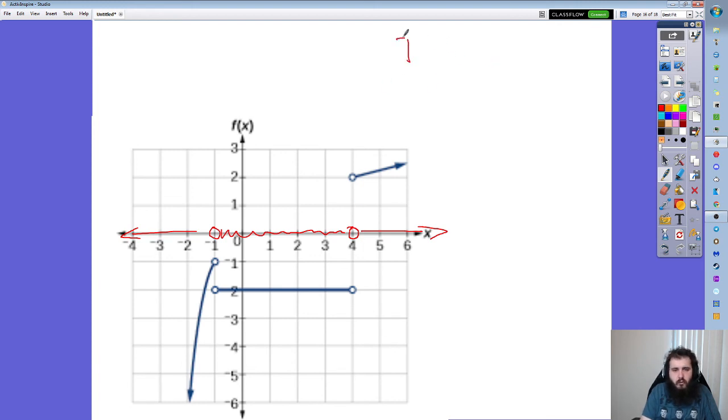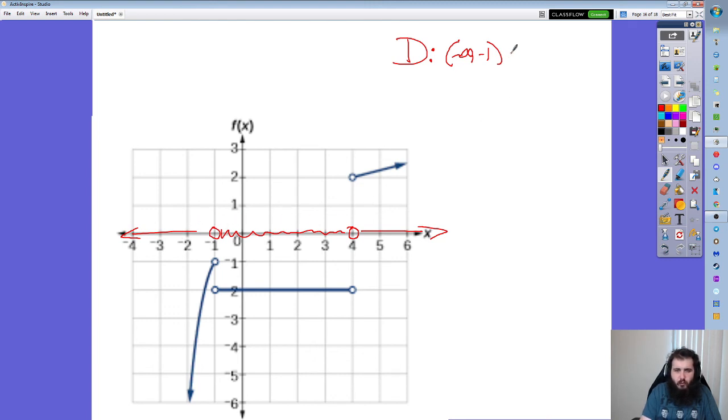So the way we would do this is basically we're going to split this up into 3 little intervals. -infinity all the way to -1. And -1 is not included, otherwise that would have been a bracket, but it's not included, so it's parentheses. Now I'm gonna take this one, I'm gonna connect it.